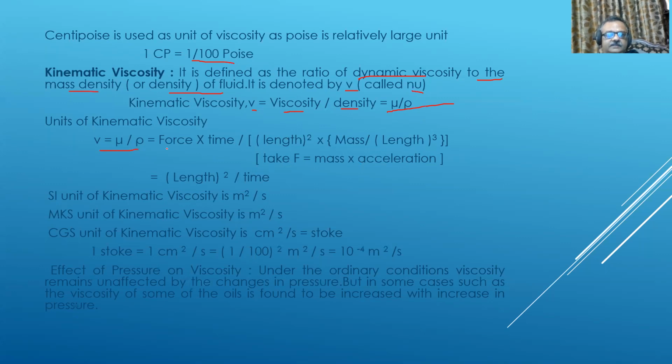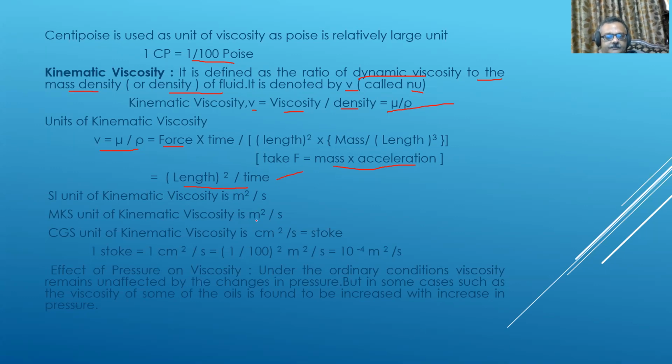In this case, you have to take the force F equal to mass into acceleration. After deriving, the units come out to be this. So the SI unit of kinematic viscosity is square meter per second.